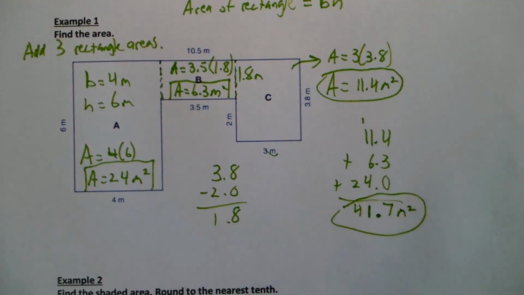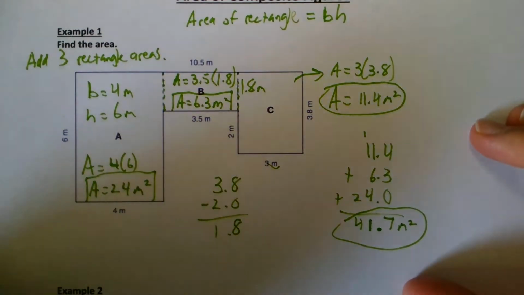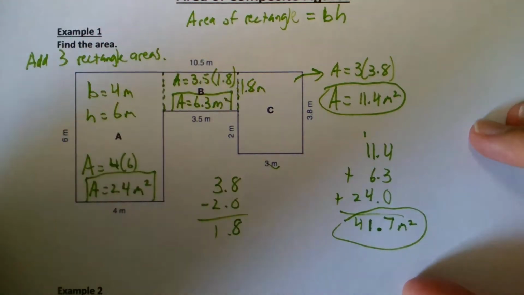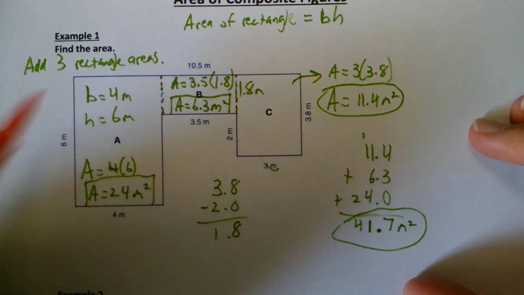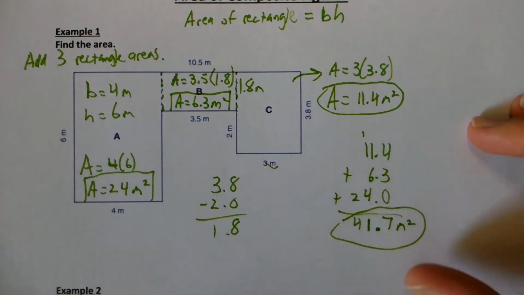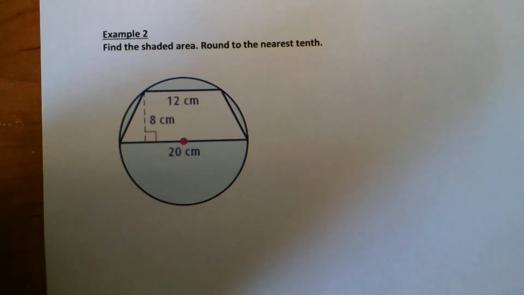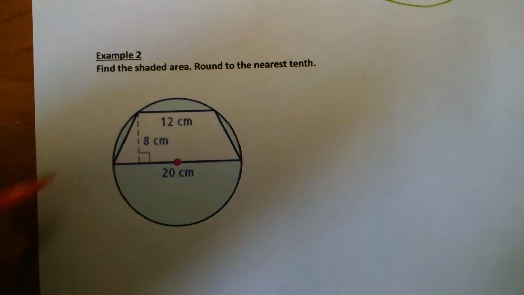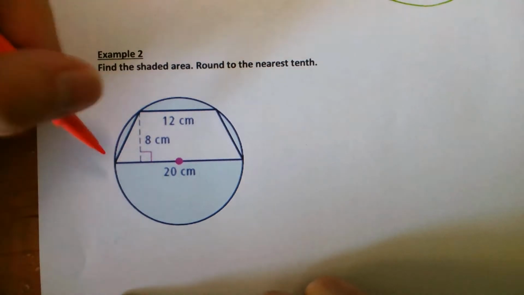Okay. Cool. So with composite figures, one good strategy is to split your shape up into smaller basic shapes that you know area formulas for, and then add those small shapes together. Okay, example 2, another good strategy for finding composite area, sometimes you have to use this strategy, is to, for example, you see how we have a circle with a trapezoid inside?